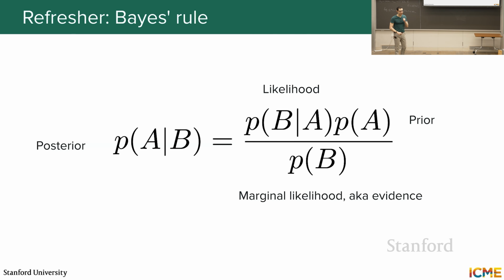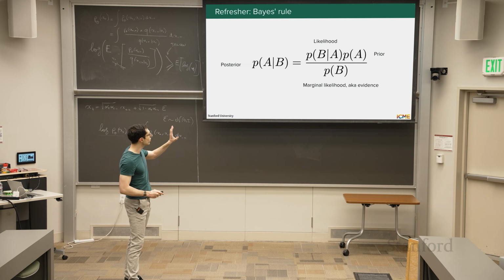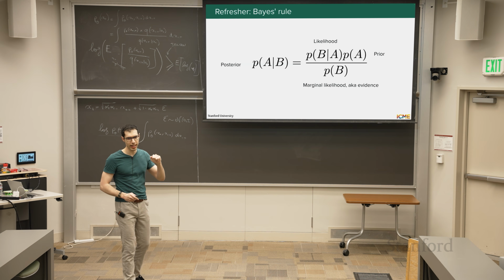You may remember, or you may have heard of, Bayes' rule, and it is a trick we will use here. Using the notation you would commonly see and hear, the posterior is equal to the likelihood times the prior over the marginal likelihood.